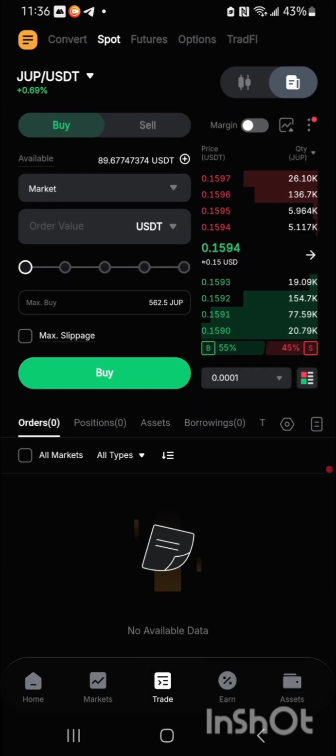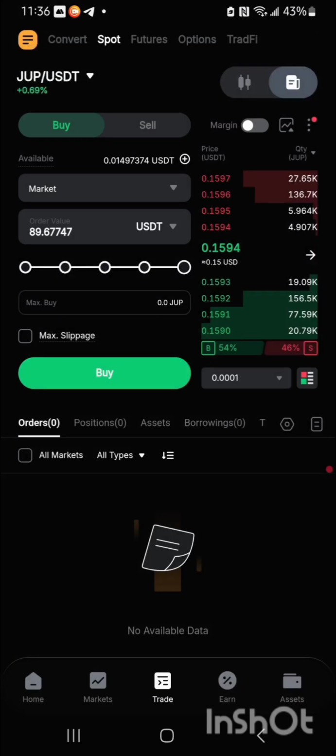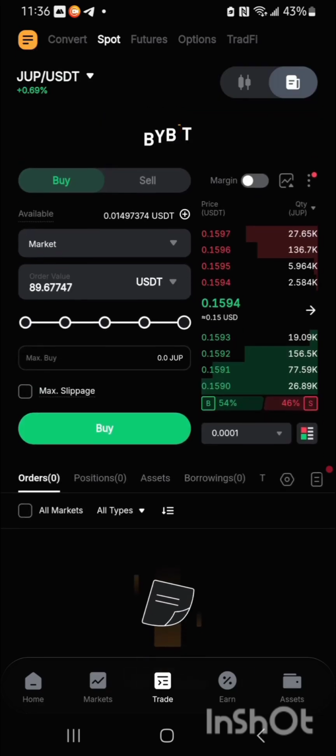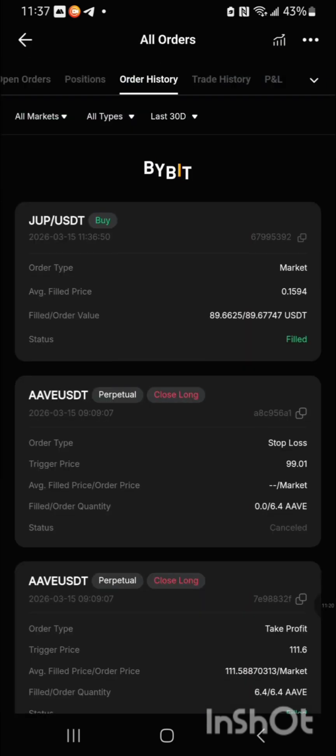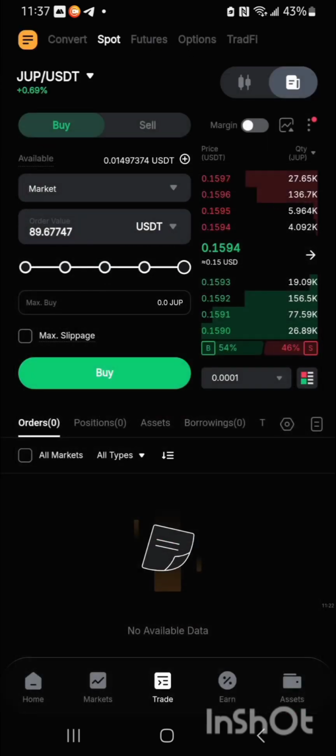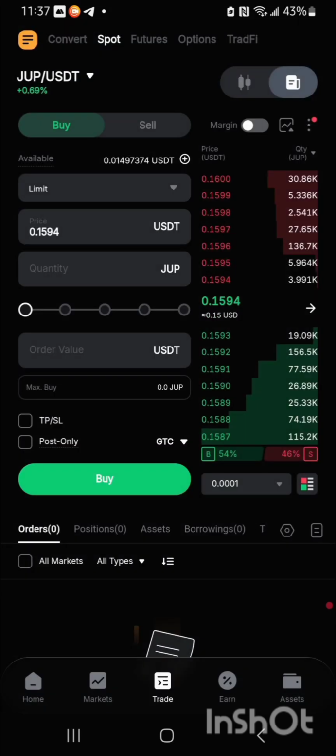If you have a big difference, you do not have to use a market order, but this one, the difference is very similar. That's the reason I went for the market order. And as you can see, it was filled pretty much instantly at 0.1594.